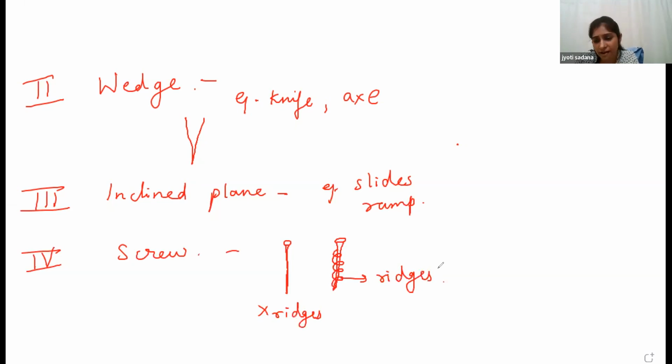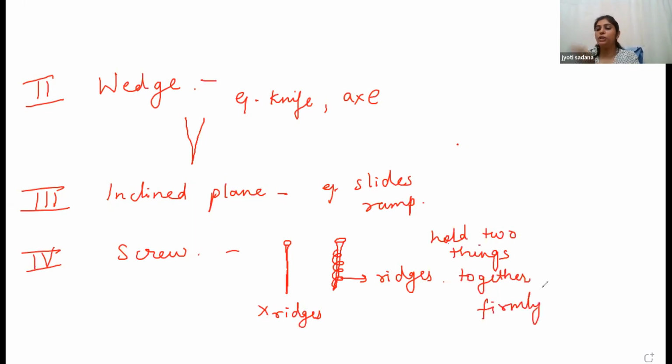Ridges actually hold the two things together firmly. If we want to join two things together, we will always use a screw, because it will hold the two things together firmly. That is the difference between a nail and a screw.